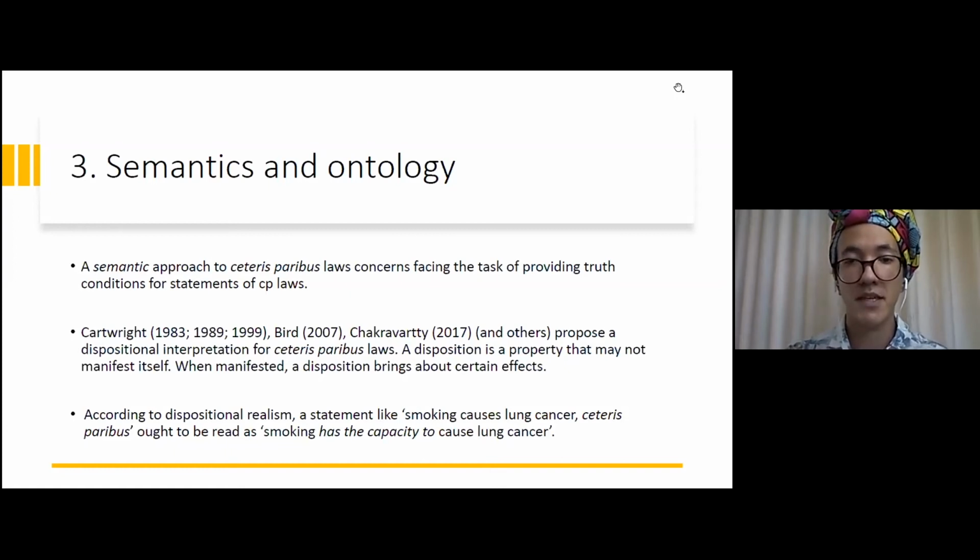The capacity here is the dispositional property, a property that can manifest itself when someone who smokes gets lung cancer, but this capacity can be unmanifested when you have the antecedent condition, a person who smokes, without the consequent one, without getting lung cancer. So this would solve, in principle, the problem of the indeterminate content, the dilemma posed by Lange for ceteris paribus laws.